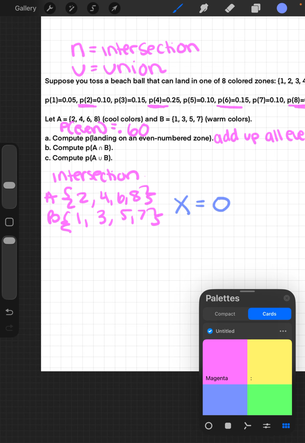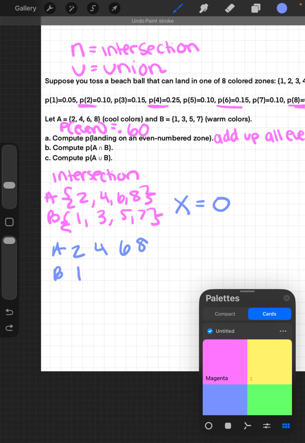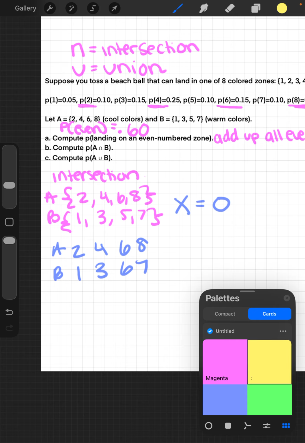Since there's none. But if it was 2, 4, 6, 8, and then it was 1, 3, 6, 7, you see that there's a 6 in both of them. So their intersection would be 6.